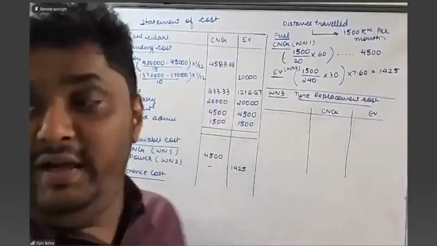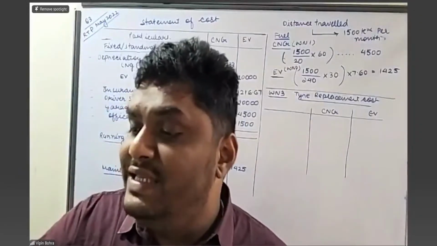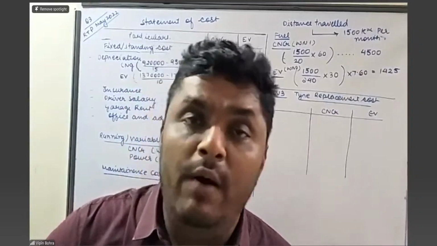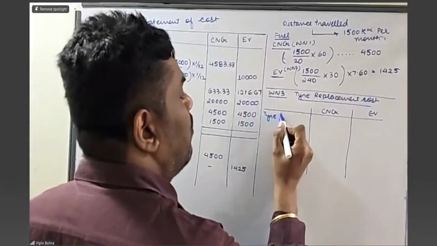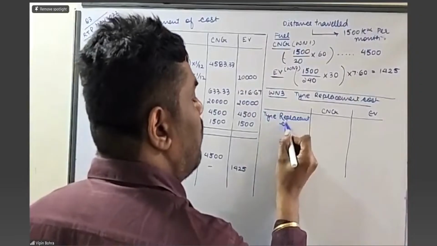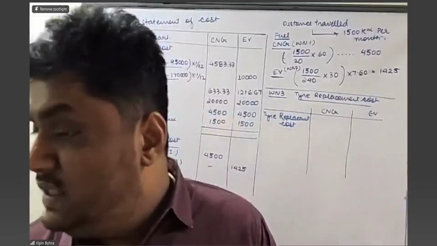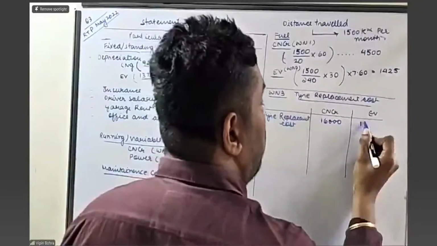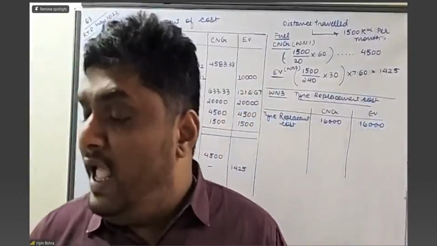Now this part is on the trickier side. See, the tire replacement cost is 16,000 rupees in every 5 years. How much is the tire replacement cost? 16,000 in every 5 years.